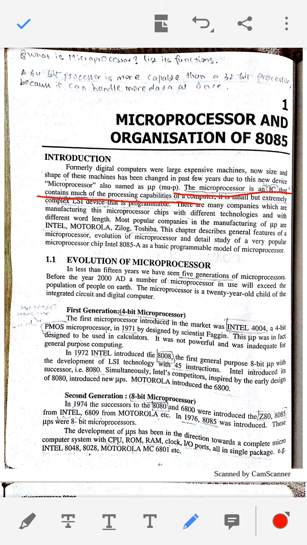The first microprocessor introduced in the market was Intel 4004. This was a 4-bit PMOS microprocessor.